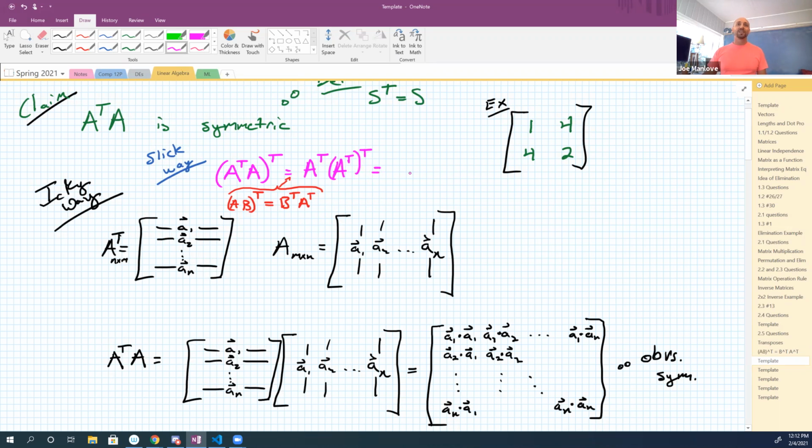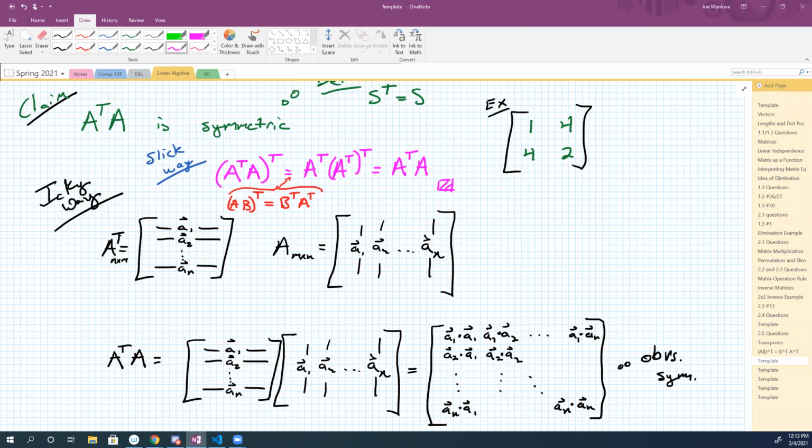And then what's the slick thing here? I got A transpose. What's A transpose transpose? A. Good. That gets you back to A. That's symmetric. I'm thinking this matrix has a transpose that is this matrix. Ergo, symmetry. QED.